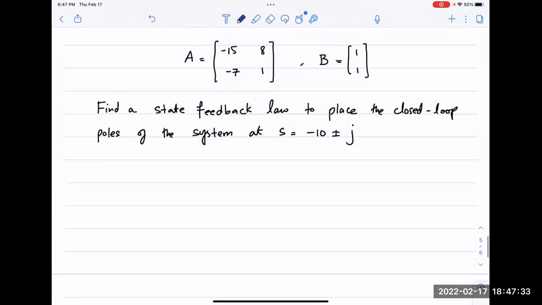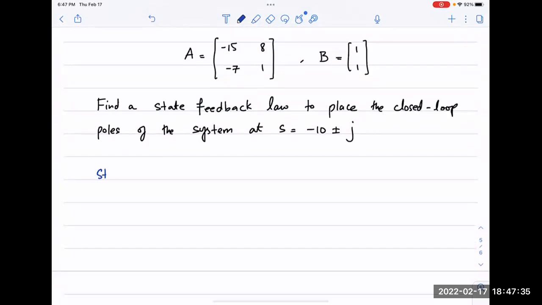So first step is really to convert it into a canonical form, so at least we know what the coefficients are, and how we can change them in order to modify the poles.